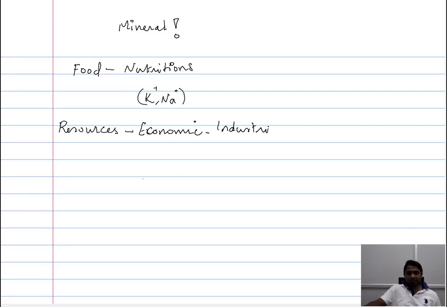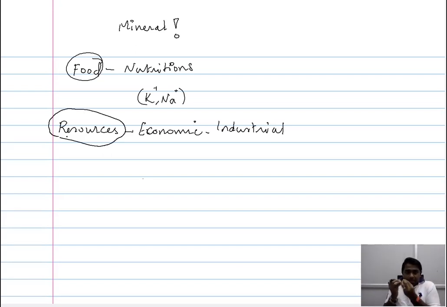So in the setting of food, it deals with interpersonal nutrition or personal value. The term mineral in the context of food has some personal value to us. In the setting wherein we talk largely of minerals as a resource, it's not about the personal value, but it's the value of the region, the value of the community.